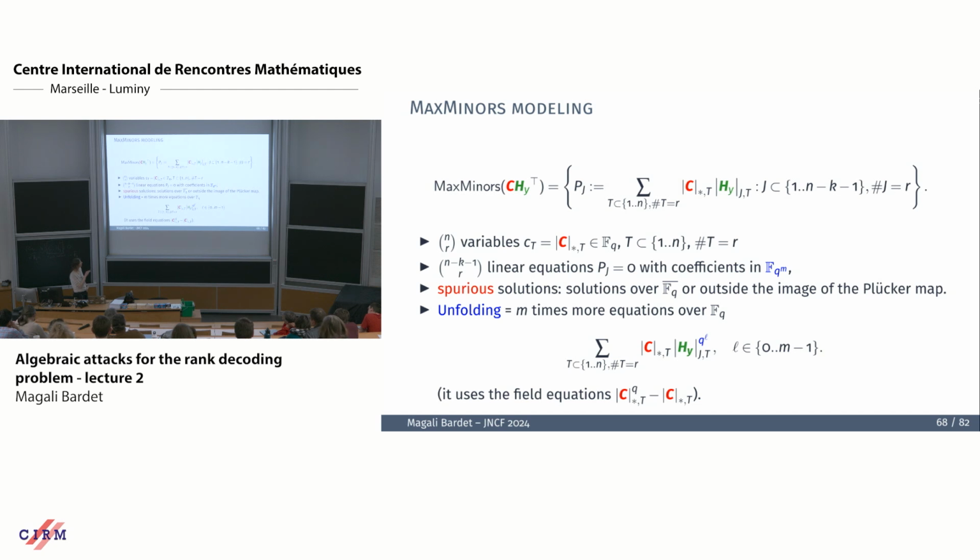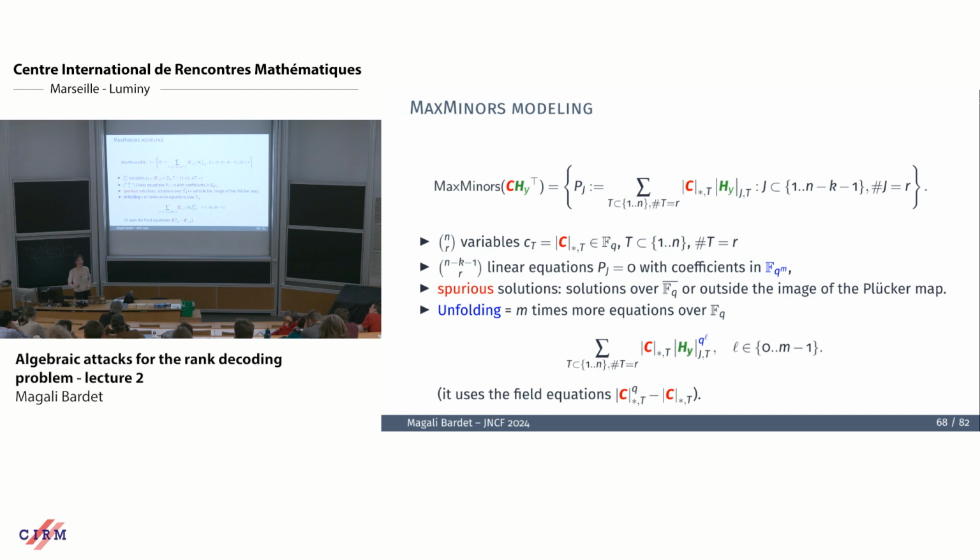I have equations with variables in FQ but coefficients in FQ to the m, so I can apply the Frobenius morphism. When I apply it, I get a Q to the L power on the variable, but I implicitly use the field equation to replace that by the variable. And I get new linear equations because the coefficients are now different.